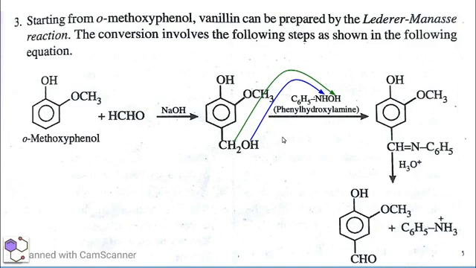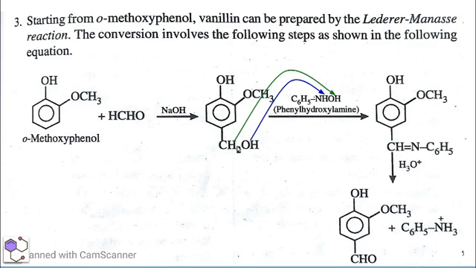This on further treatment with phenyl hydroxylamine, which has the structure C6H5NHOH. In this reaction 2 molecules of water are eliminated. OH from this compound will react with H of phenyl hydroxylamine, and OH from phenyl hydroxylamine will react with H from this compound. Then 2 molecules of water get eliminated.